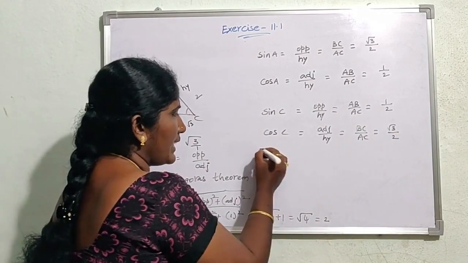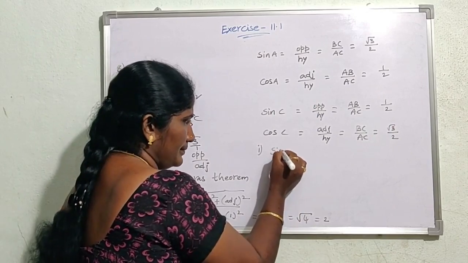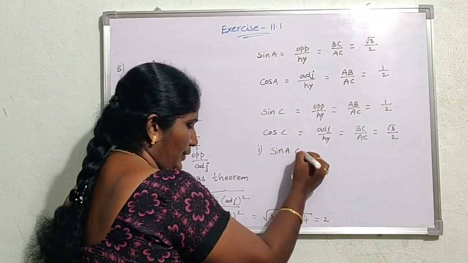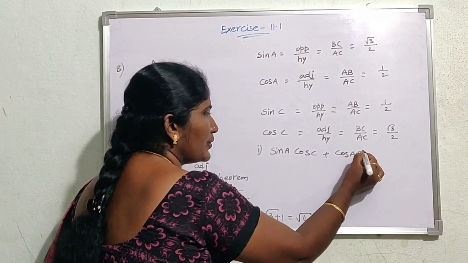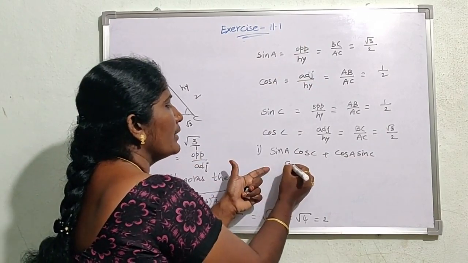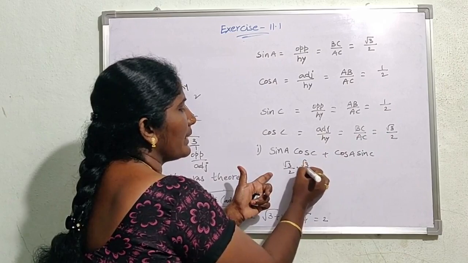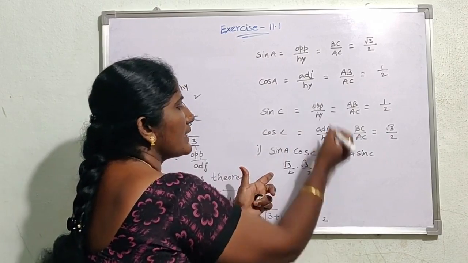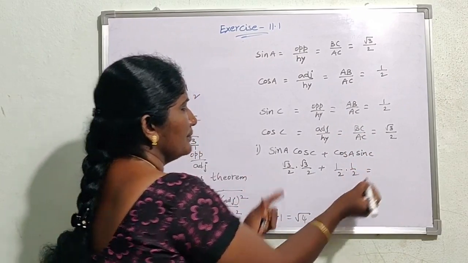Now two questions they asked. First question, sin A cos C plus cos A sin C. Substitute the values. What is sin A value? Root 3 by 2 into cos C root 3 by 2 plus cos A 1 by 2 sin C 1 by 2.